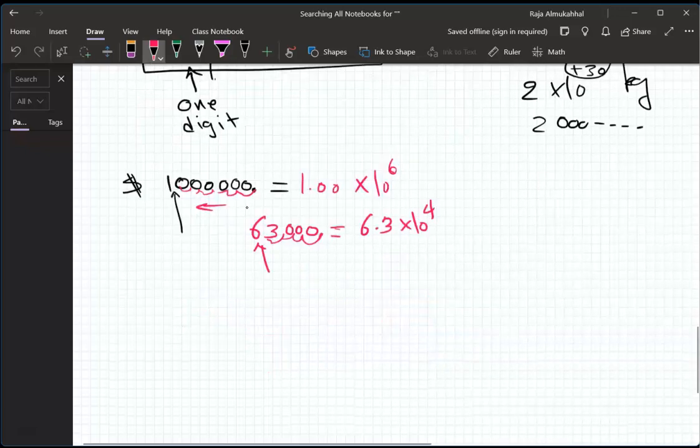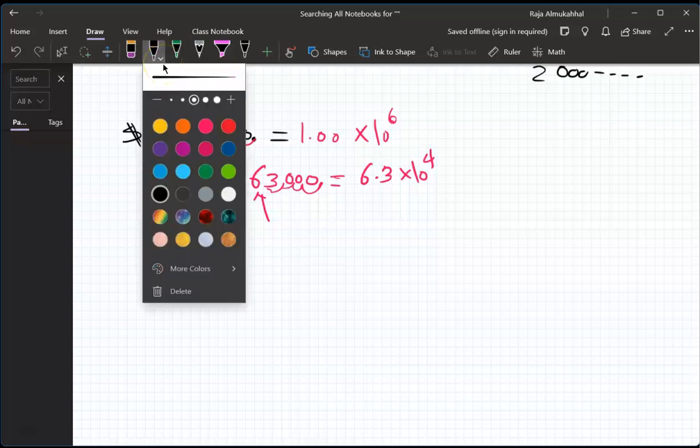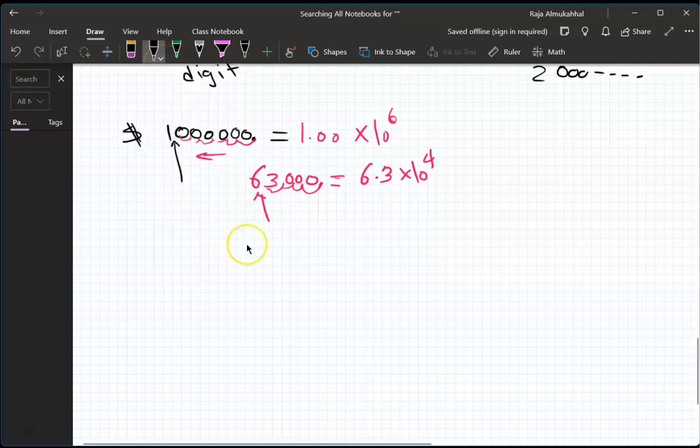Okay, here's another one. Let me just go back to black. Let's say I have 0.00656. Okay? How would I write it in scientific notation? Where should the decimal point be? Well, you go to the very first nonzero digit, which is right here, and we're going to put it right there, in between 6 and 5. You see what I'm saying? So how many steps do I need to go?